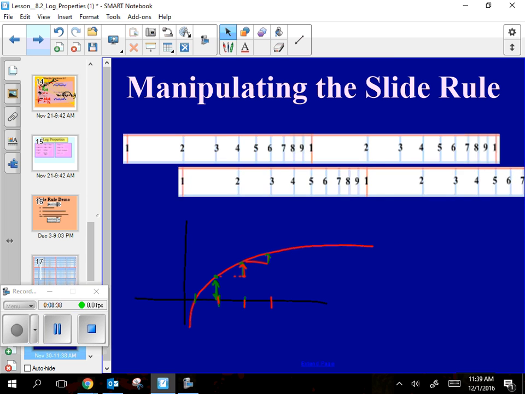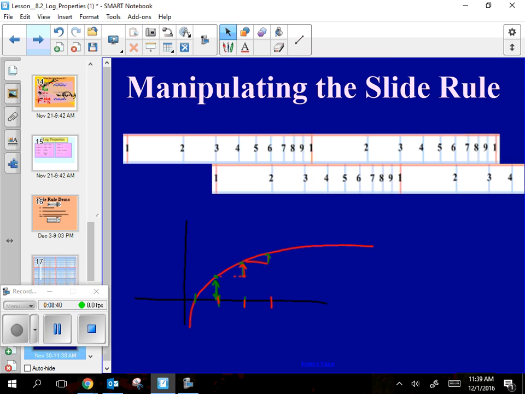And here's what you do. If I line this up like this, think of this as a pointer. And can anybody see 3 times 2 equaling 6? I'm starting with the most basic multiply here.